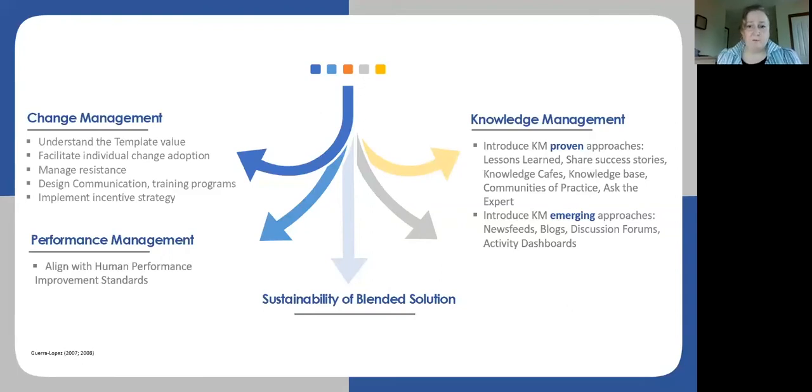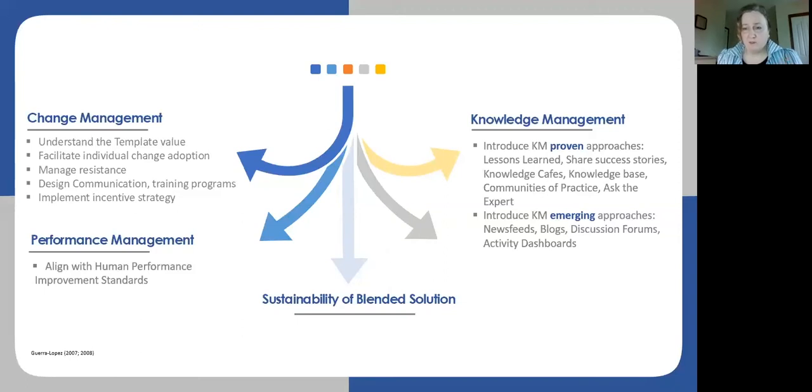From performance management, we really look at aligning with performance improvement standards that you are probably all aware of. There are 10. And from knowledge management, it is really looking at introducing proven and emerging approaches. Just to list a few, by proven we mean lessons learned, knowledge bases, knowledge cafes, communities of practice.